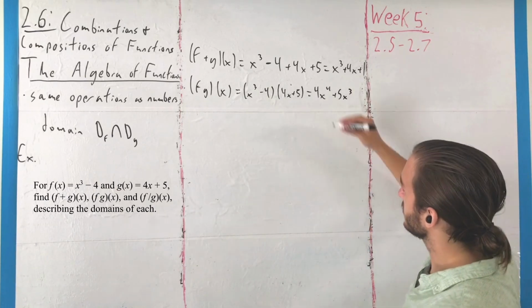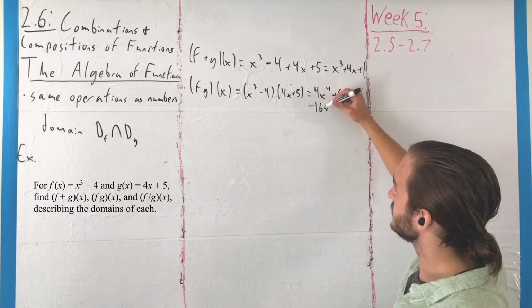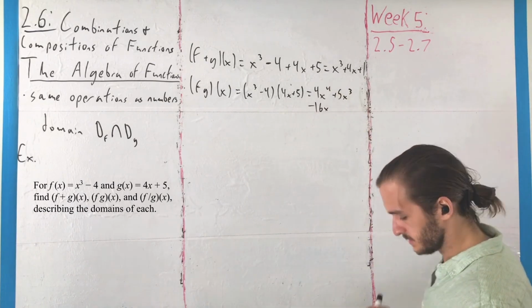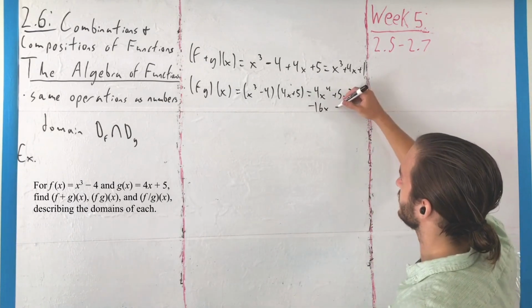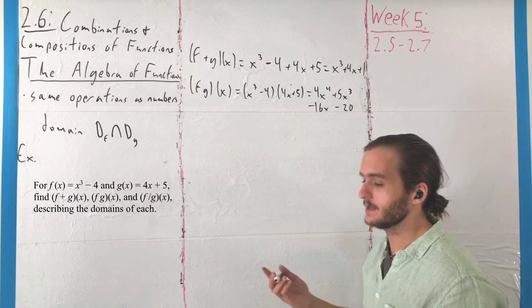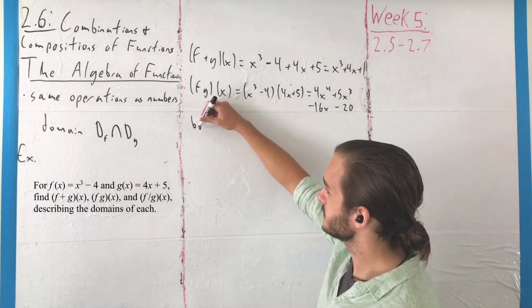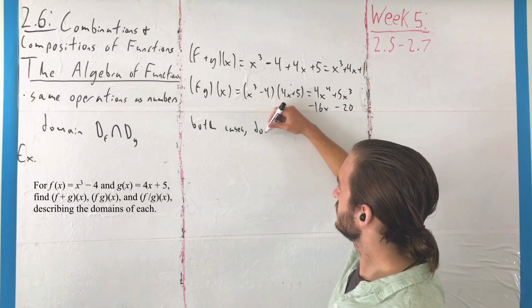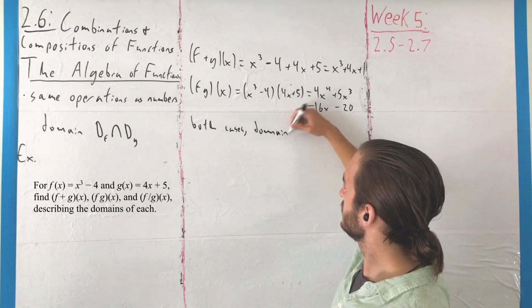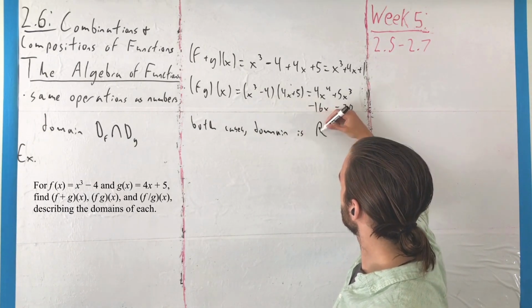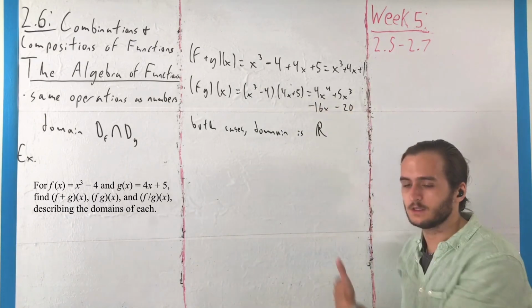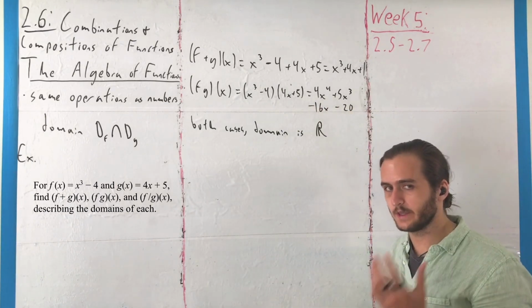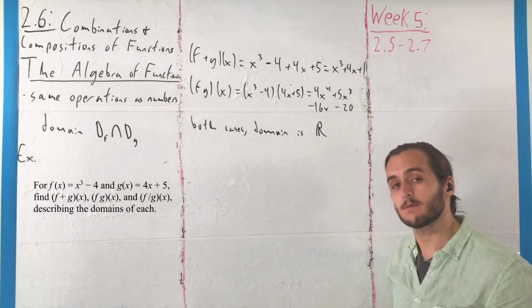And then we have negative 16x from the inners, which I have to put in a funky notation because there's just not a lot of space. And then minus 20 for the lasts, as it were. So in both cases, as I mentioned, the domain is all real numbers, which I'm going to use that fancy notation for instead of the interval negative infinity to infinity. Remember, this means the same thing.